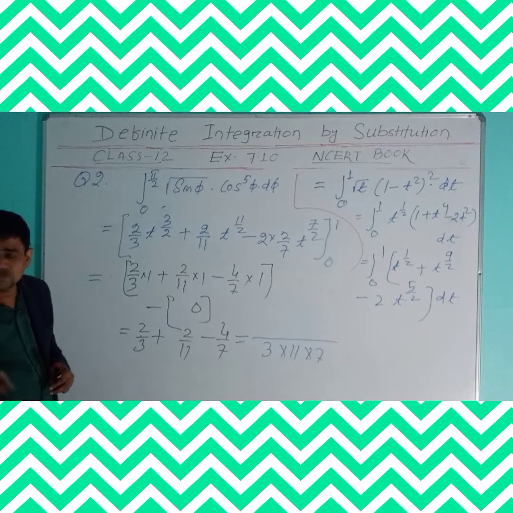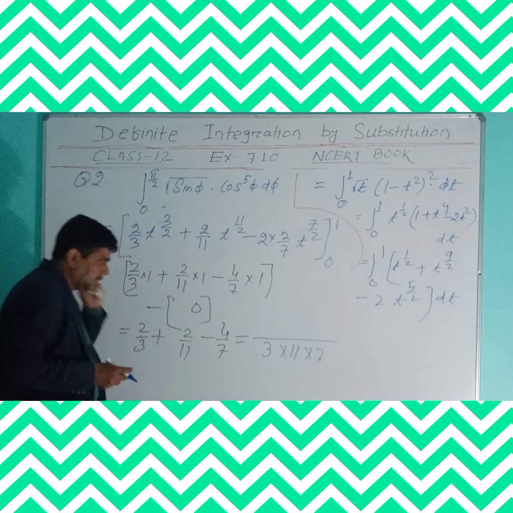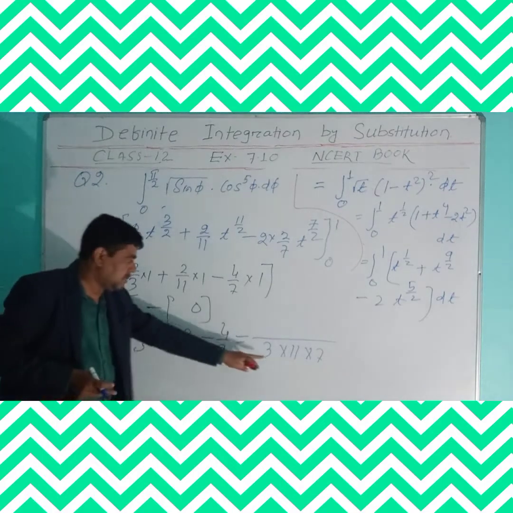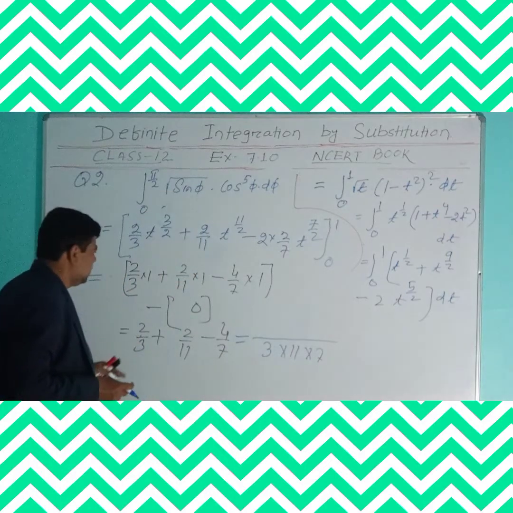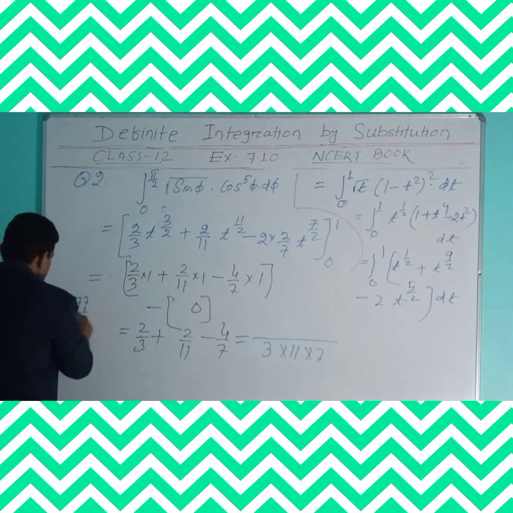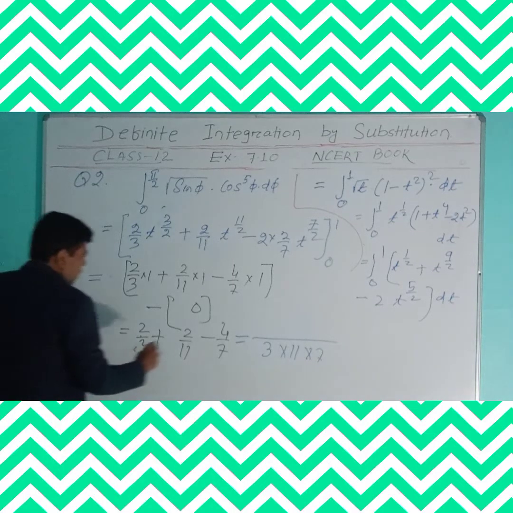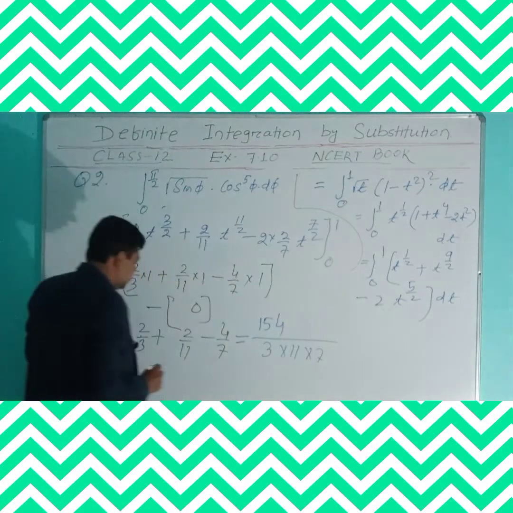So divide this LCM by 3. It will be 7 into 11, 77, into 2. 77 into 2: 2 sevens are 14, carry 1, 2 sevens are 14 plus 1, 15. So 154. Is it correct?